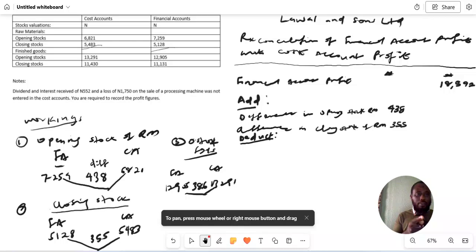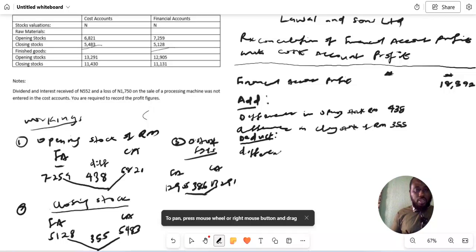There's a difference of 386 naira between the cost account and the financial account, meaning that we have not recognized the opening stock in full on this 12,905. So this means that we still have 386 naira as opening stock to recognize in the FA profit. So in this case, we are going to deduct the opening stock difference.